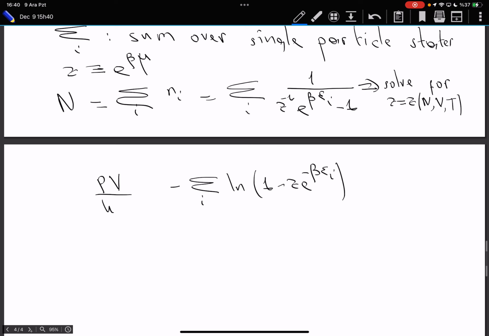This is PV over kT. So if you put it over here, you get the equation of state.